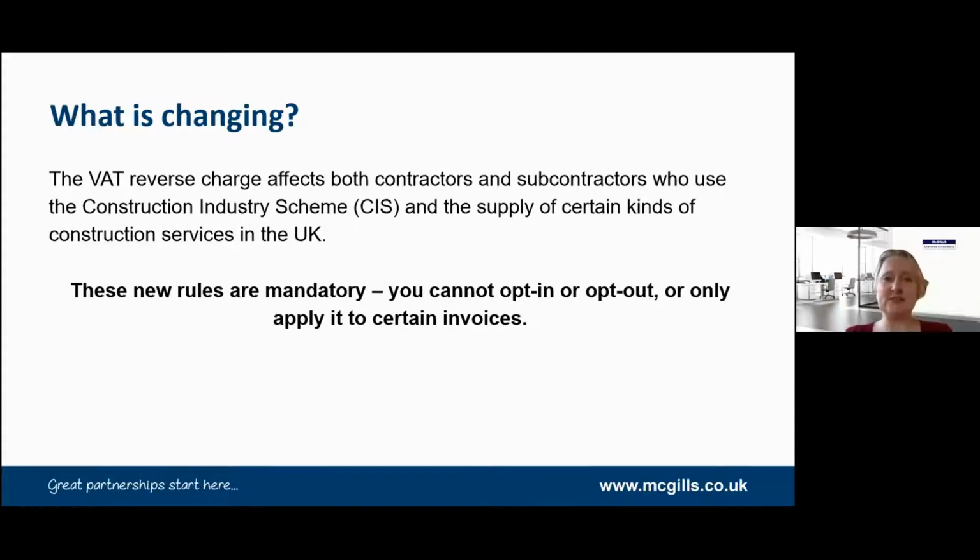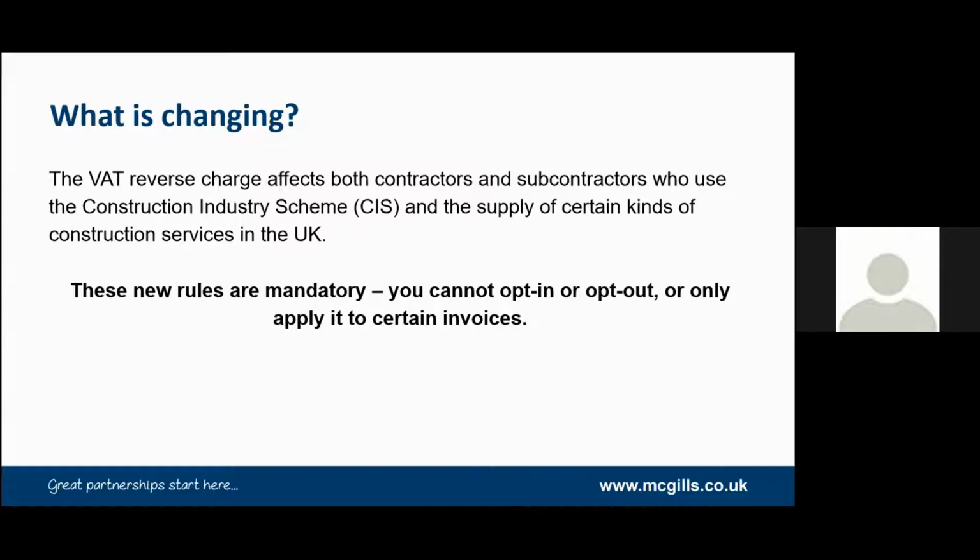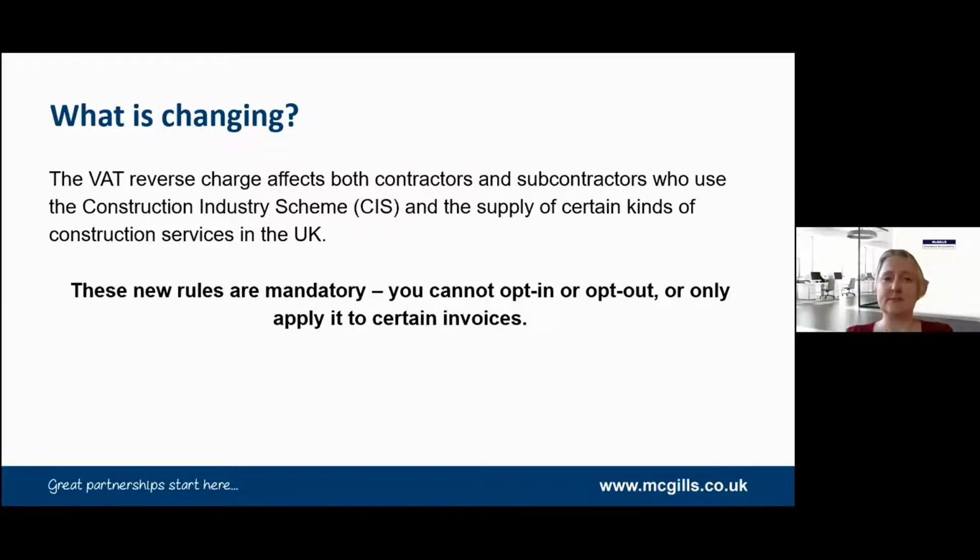So the new CIS reverse charge applies when there is a supply of construction services and materials. The supply is also made at the standard or reduced rate of VAT. It's a supply between a UK VAT registered supplier and a UK VAT registered customer, where both supplier and customer are registered for CIS, and the customer intends to make an ongoing supply of construction services to another party.